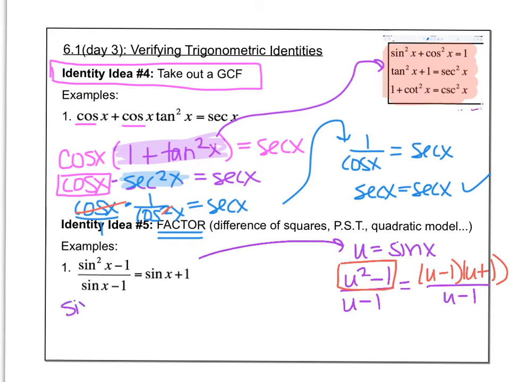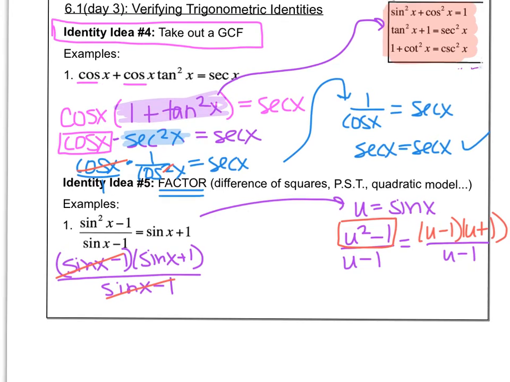It's going to be sine x minus 1 times sine x plus 1 all over sine x minus 1. Then, if we look at what cancels, these cancel, and I'm left with sine x plus 1, which is what the other side said. So I'm done. Check.